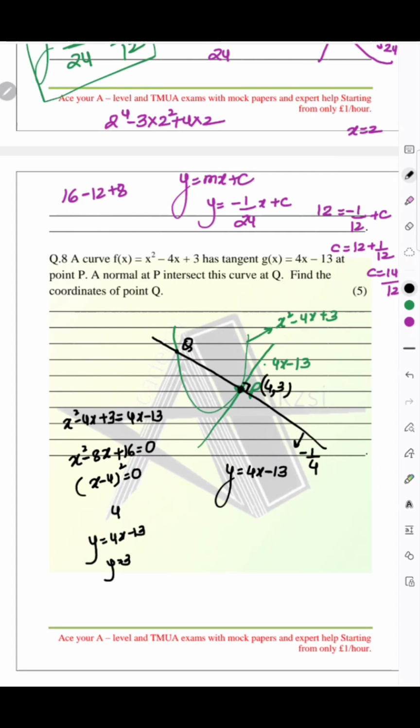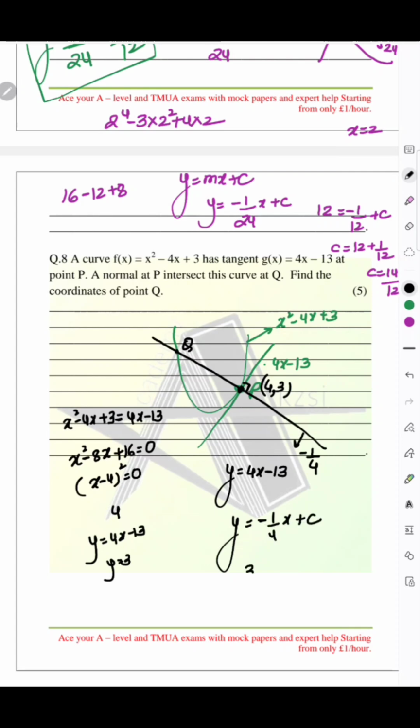We have just solved the simultaneous equation of the tangent and the curve, and we got to know that the common intersecting point is 4 comma 3. Now the equation of the normal is very easy, because we know the gradient as well as the point lying on it. So y is equal to mx plus c, where m is, as we calculated, negative 1 over 4, so y equals negative x over 4 plus c.